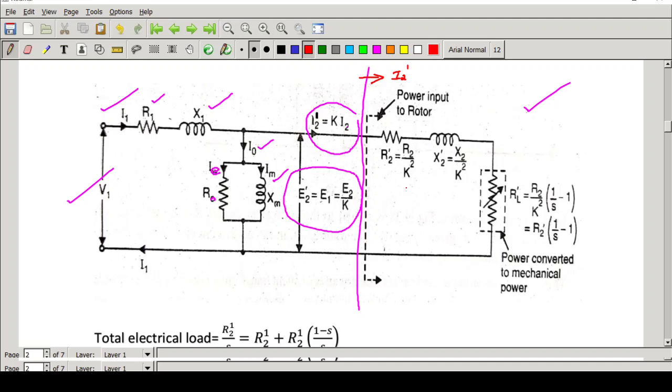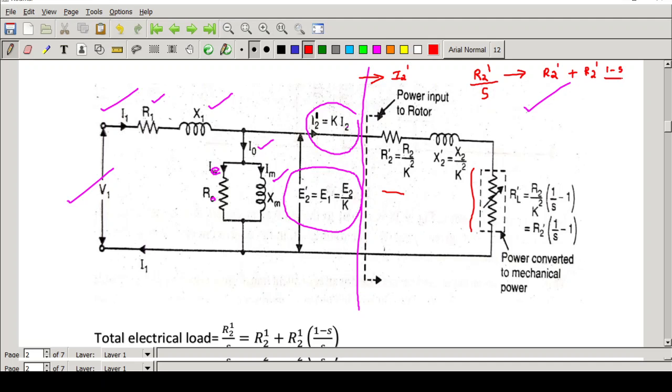While calculating the copper losses, we have to consider only the resistance. So what is the total resistance? This plus this, these two we have to add, so it is given by R2 dash by S. This is the total resistance we can see to the right side. Now this we are splitting into two: R2 dash, the rotor resistance referred to the stator side, plus R2 dash into (1 minus S) by S.